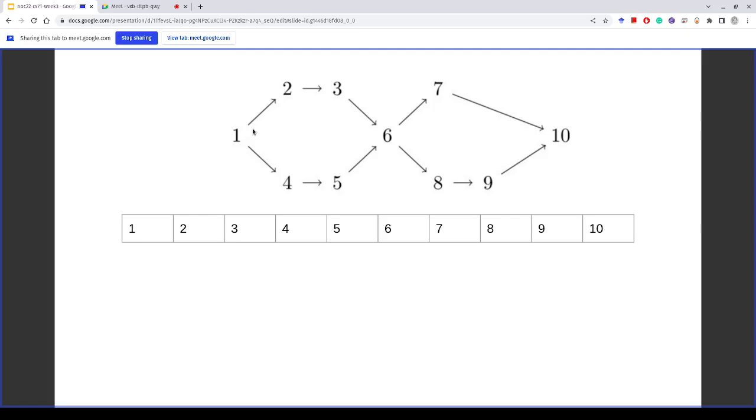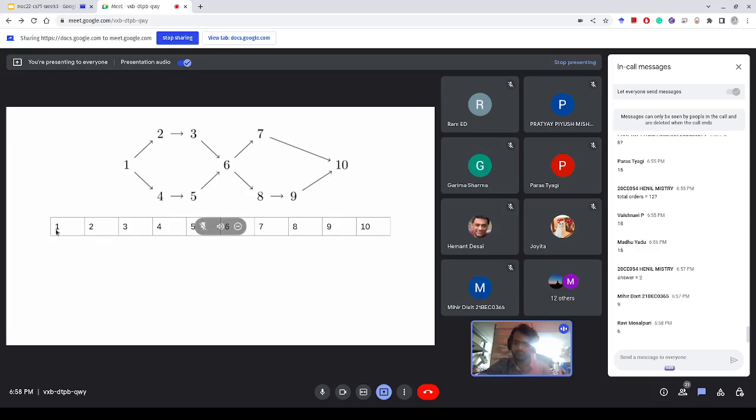Now because of this property, what you can do is write these nodes in a line like I said before. So here you have 1, 2, 3, 4, 5, 6, 7, 8, 9, 10. You call these permutations of the nodes orderings, and it will become a topological ordering if you have edges that go only in the forward direction.